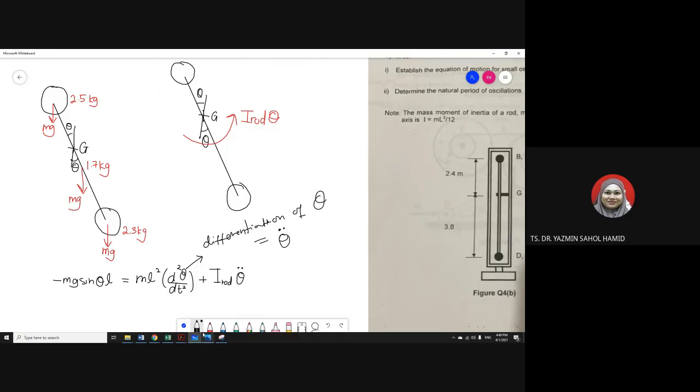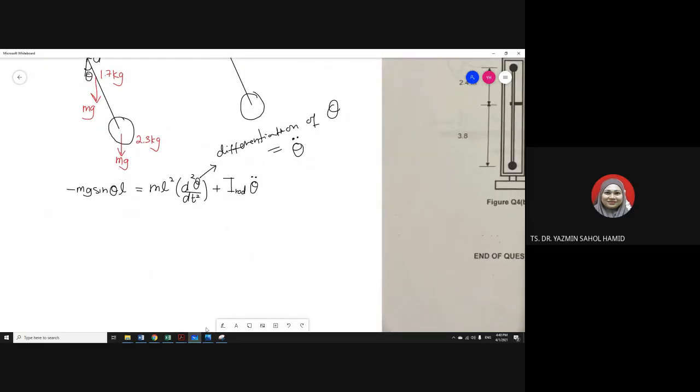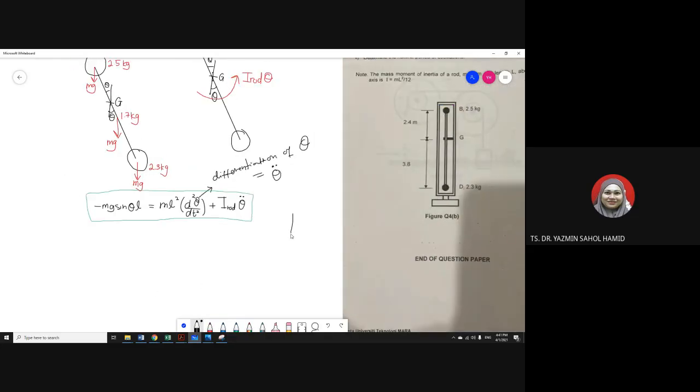So that is the equation. Alright, now let me put this equation into a box. Now let's do this question together.